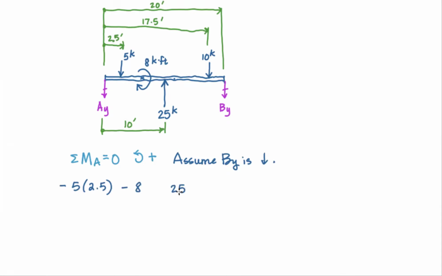Next term, 25 times 10 sign is positive. Next term, 10 times 17.5 sign is negative, and B sub y is unknown, times 20-foot moment arm, and that one is negative. Set all of that equal to 0.